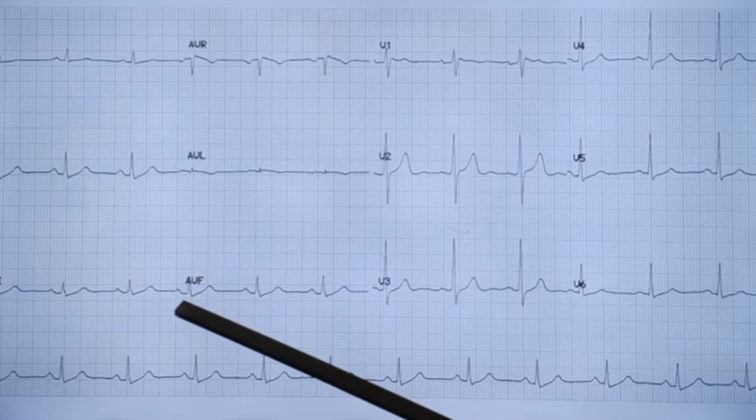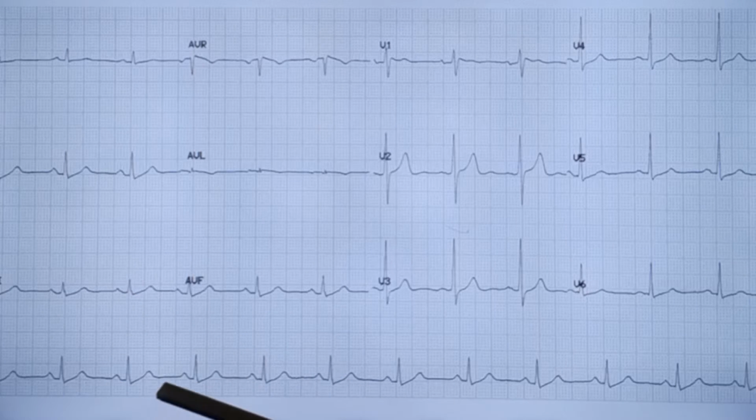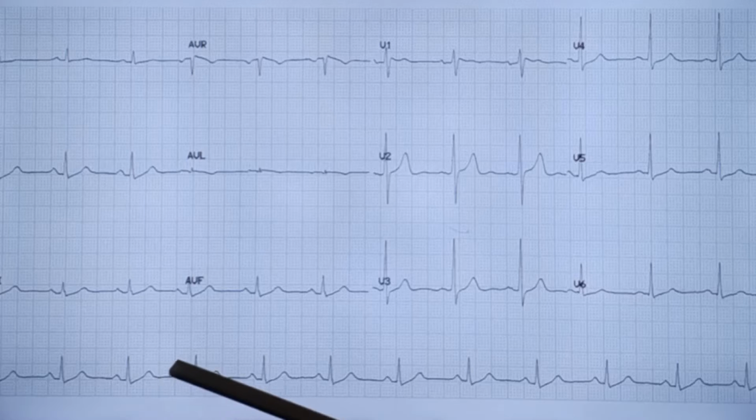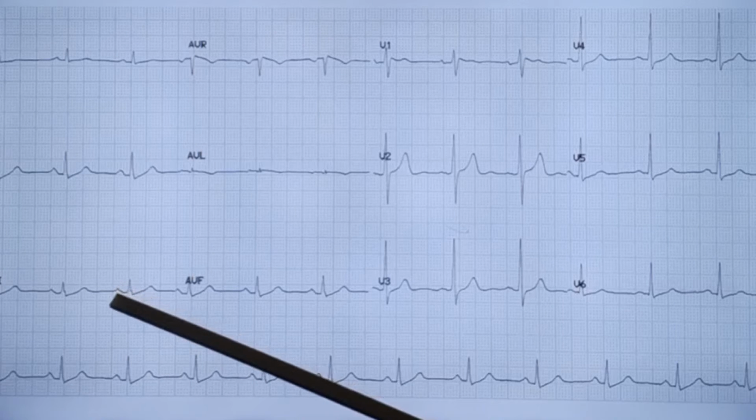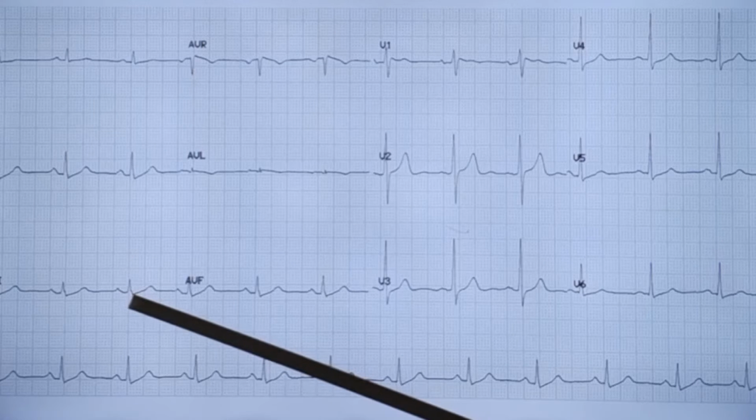A minimal depression of downsloping nature of the PR interval, or rather PR segment, can be there due to the atrial repolarization wave or TA wave. P wave is the atrial depolarization wave. Normally you are not seeing an obvious negative wave here, but if you look carefully, you can see that there is some concavity of the PR segment as well as sloping of the ST segment.